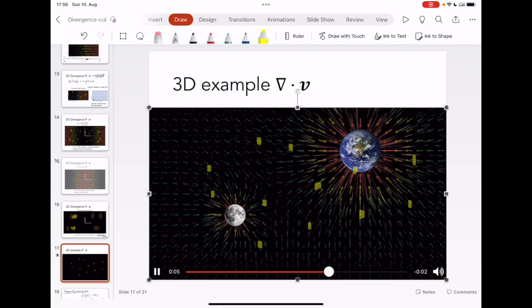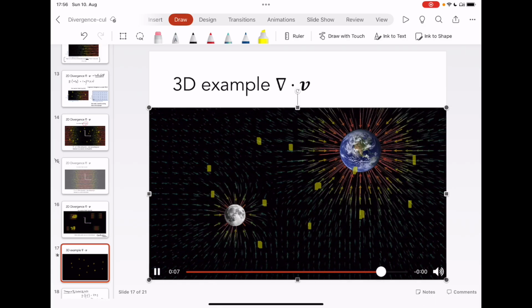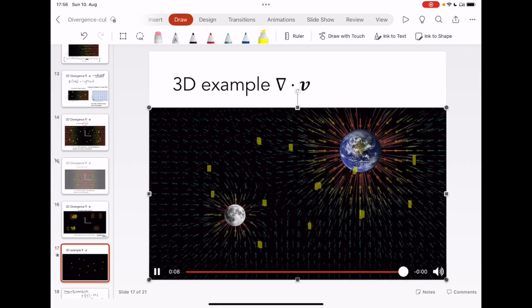Okay, so this would be a nice example of a three-dimensional vector field and its divergence. In this case, both are acting as sinks, meaning in both cases there is more in versus out, so the divergence will be negative.